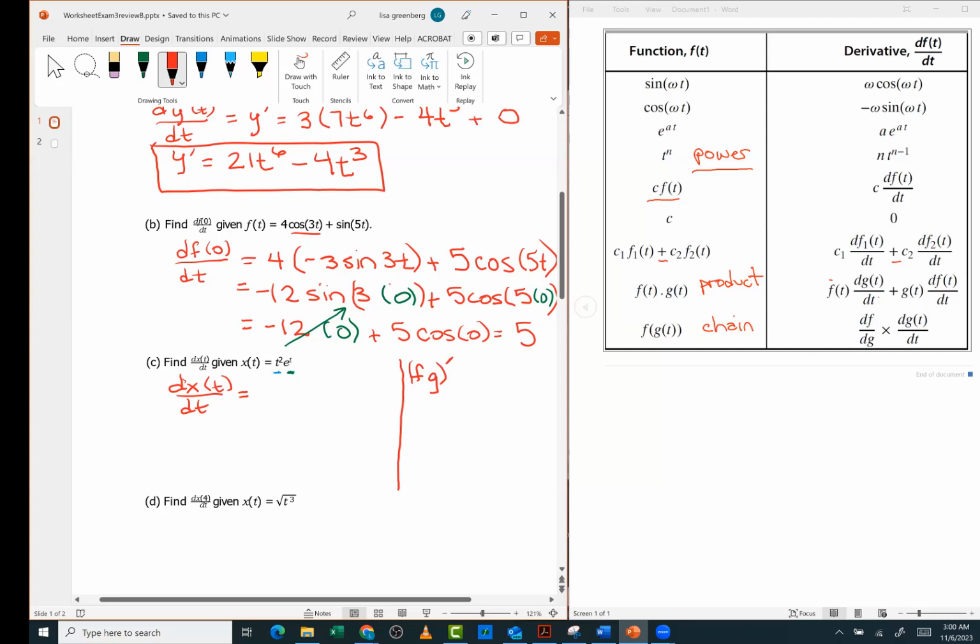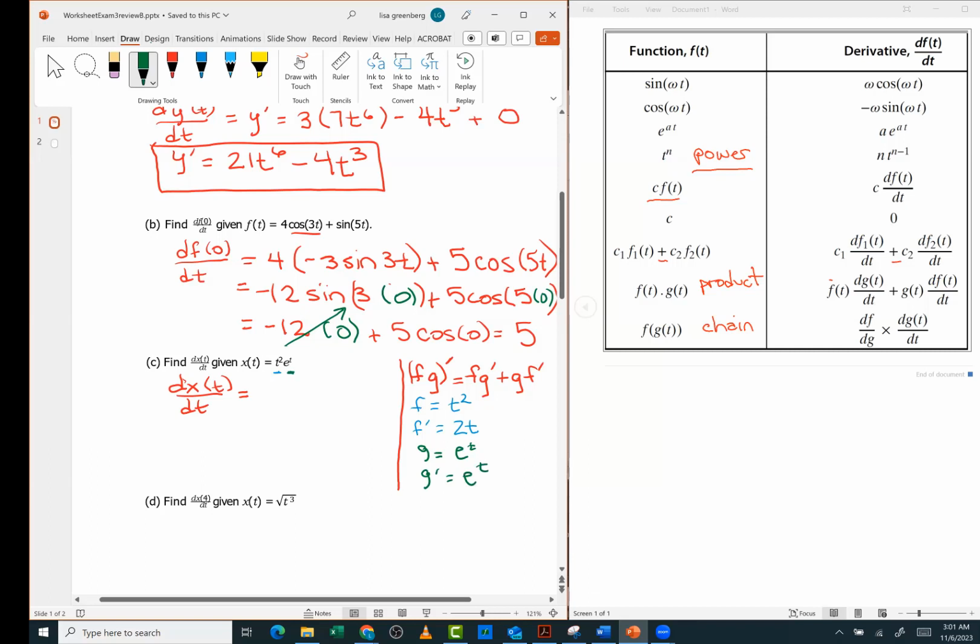If I want to take the derivative of that, that equals f times the derivative of g plus g times the derivative of f. I think this is a little easier to see. What I'm going to do is I'm going to say f is equal to t squared. F prime is equal to 2t. G is equal to e to the t. G prime is also equal to e to the t.